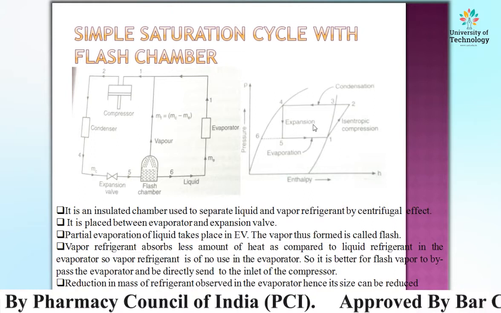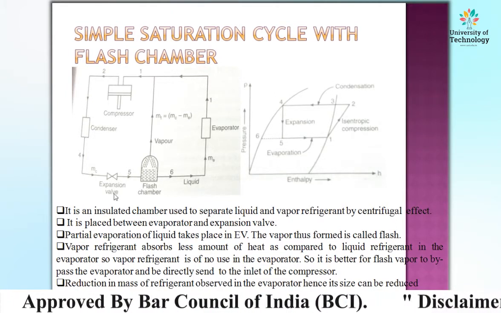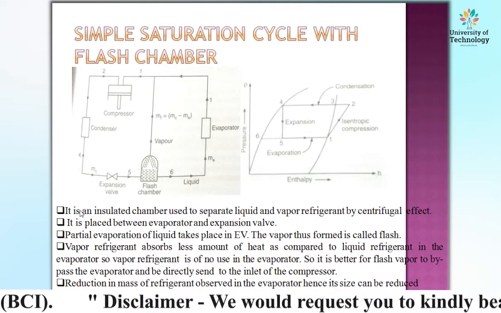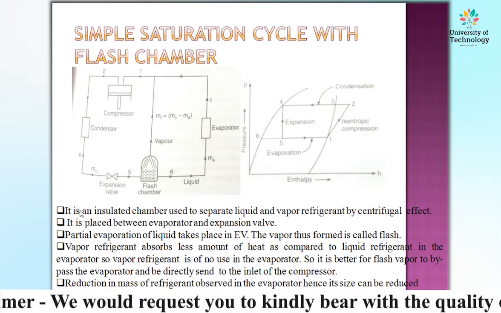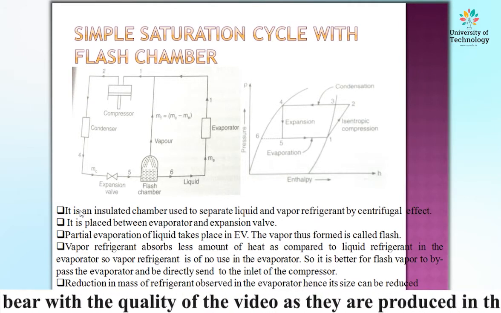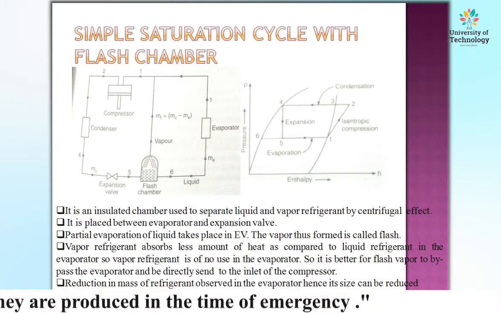What we concluded: the flash chamber is an insulated chamber used to separate liquid and vapor refrigerant by centrifugal effect. It is placed between the evaporator and expansion valve.